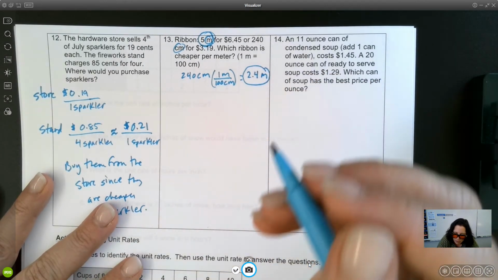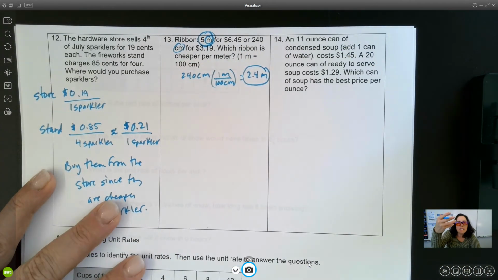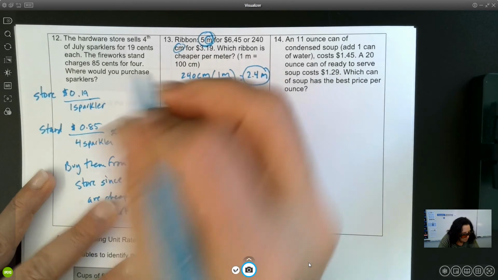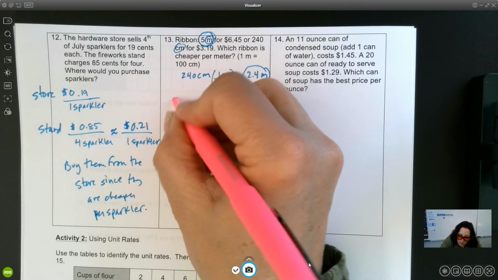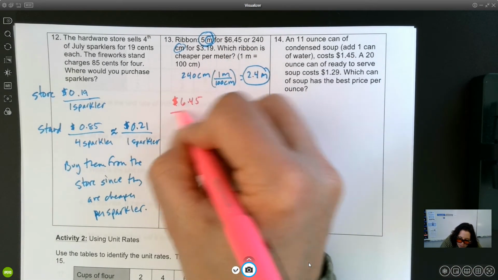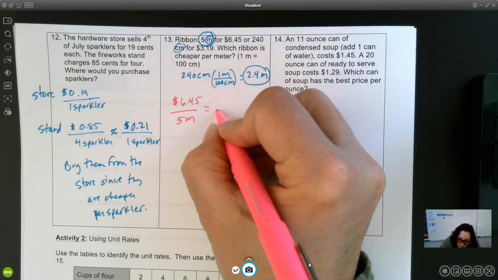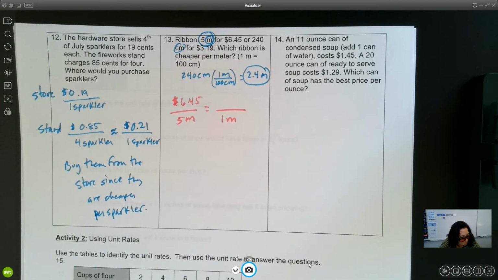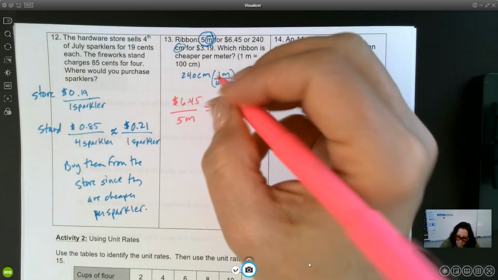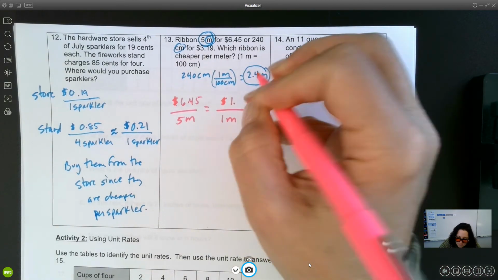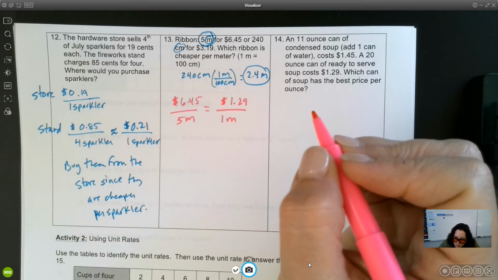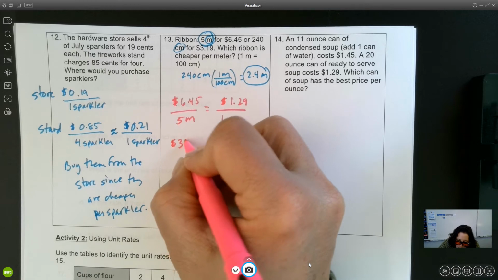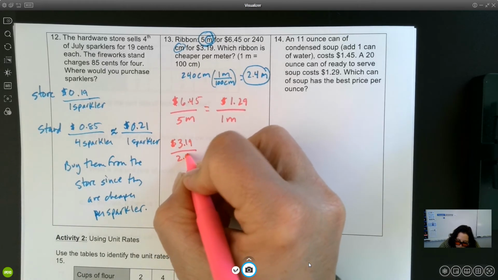All right, so we've got, let's see, the $6. I'm going to put money on top. Doesn't matter which way you put it. Let me change it to pink so it doesn't blend in with that one I just did. So $6.45 for 5 meters. That gets us, when I put it in my calculator, let me see what I got when I did that one. I got $1.29. Okay, and then the other deal was, what was it? $3.19 for 2.4 meters.